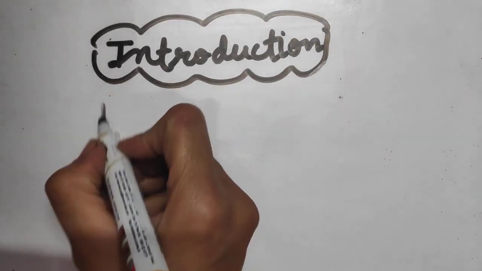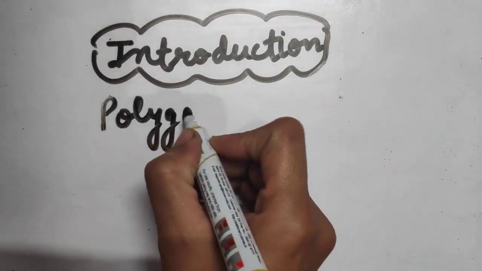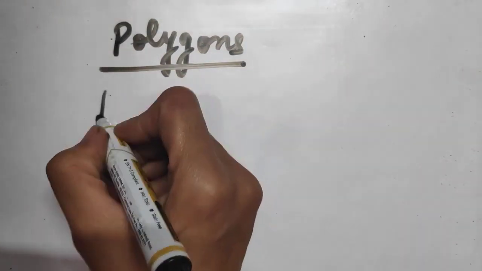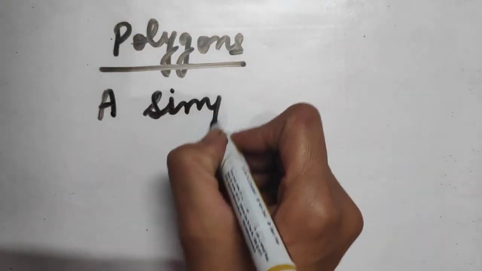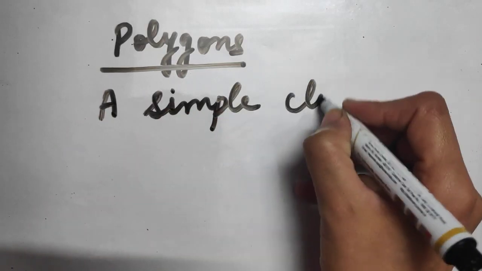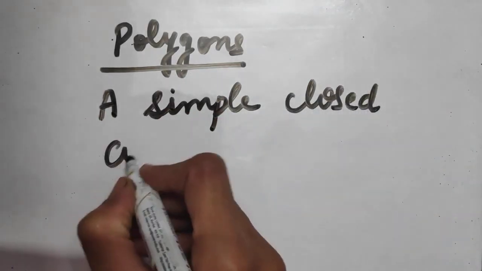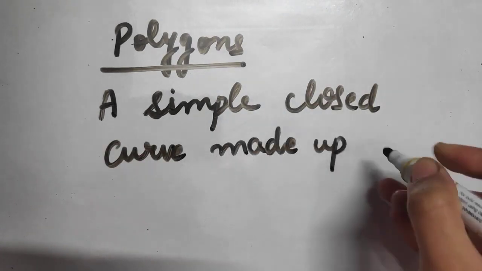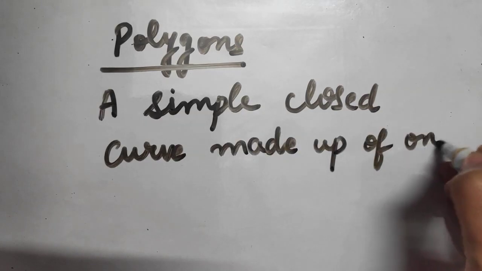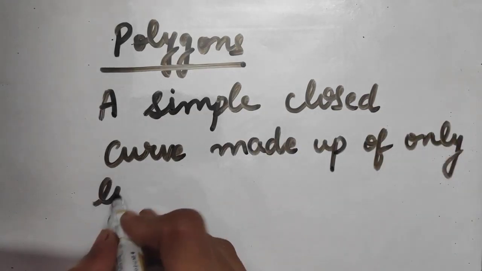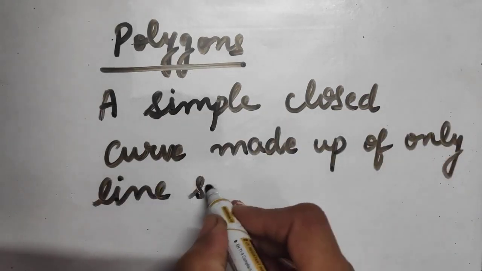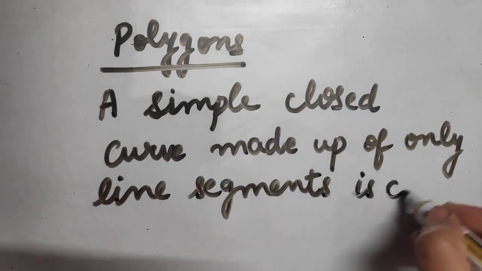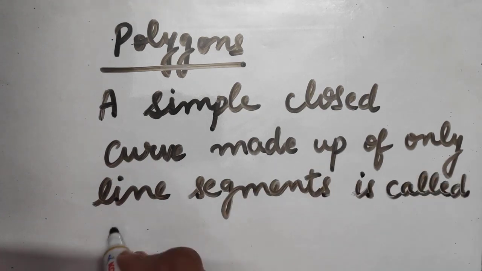Next comes the polygons. So what are these polygons? A simple closed curve made up of only line segments is called a polygon.